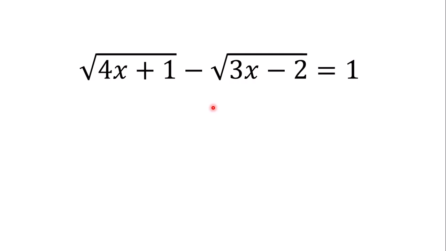With a radical equation, you all know what goes into the solution, so I don't need to hammer on it. What we are going to solve is the square root of 4x plus 1 minus the square root of 3x minus 2 is equal to 1.